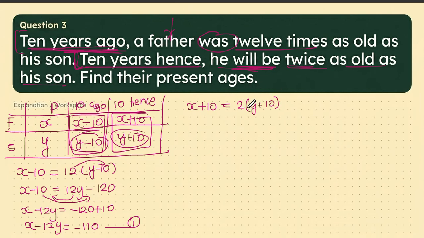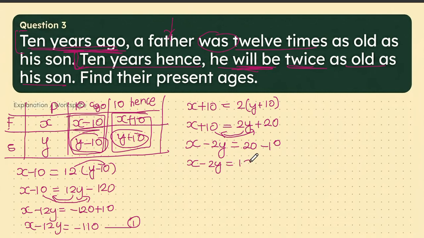So again multiply 2 inside, so x plus 10 is equal to 2 into y, 2y, plus 2 into 10, 20. So rearrange the terms. So x, if we take this 2y to this side, minus 2y is equal to 20, and if we take this 10 to the right hand side, it will become minus 10. So x minus 2y is equal to, we'll get 10. This is our second equation.